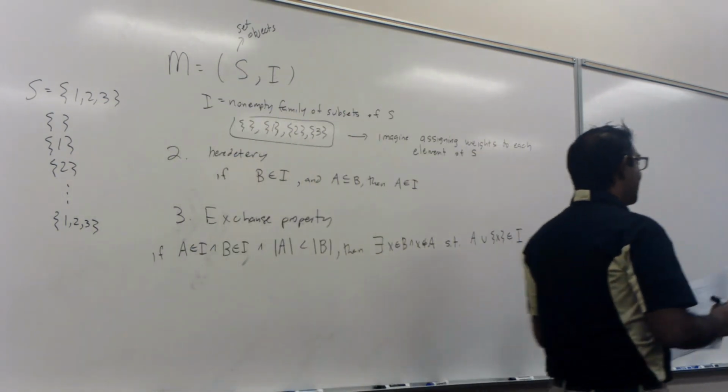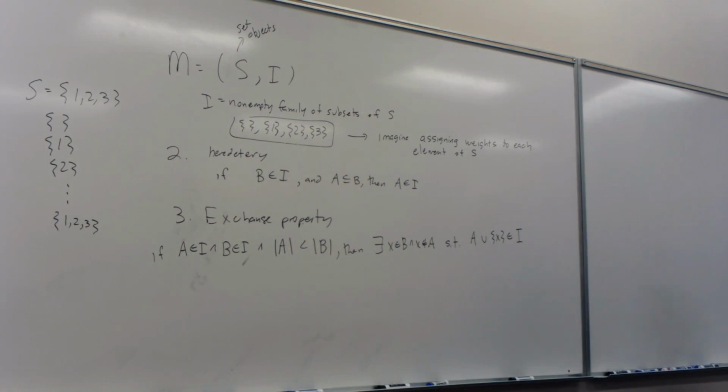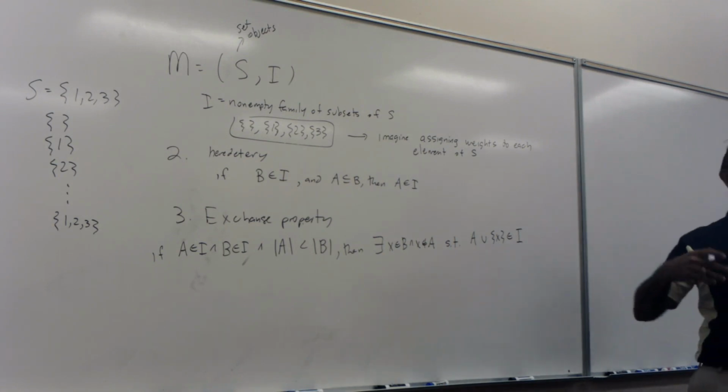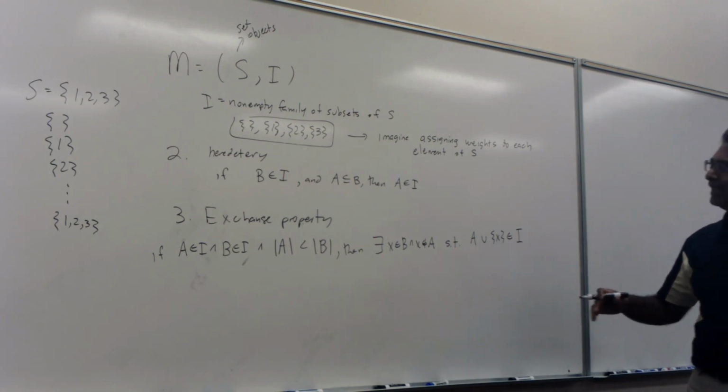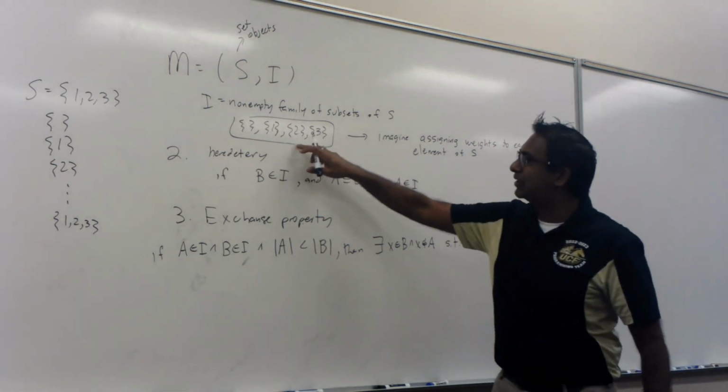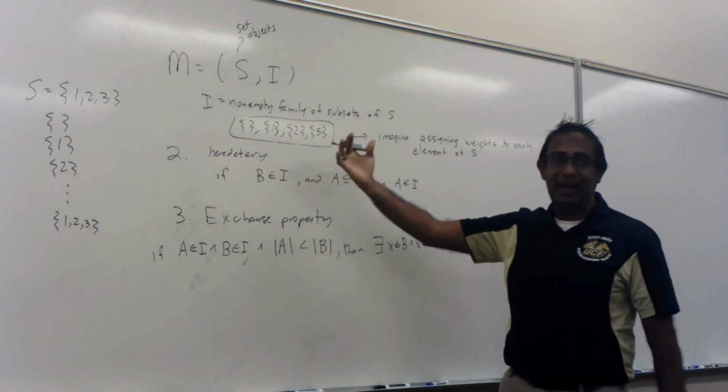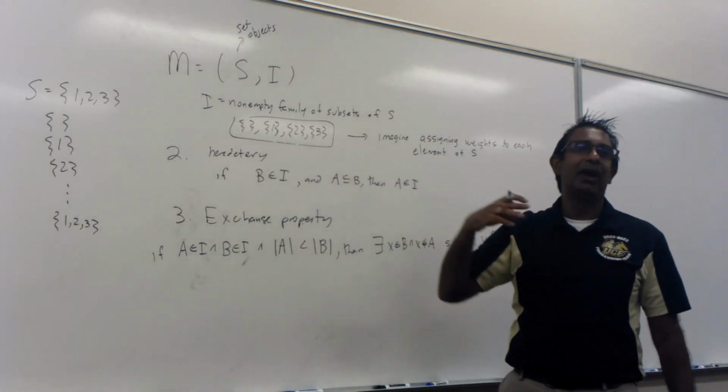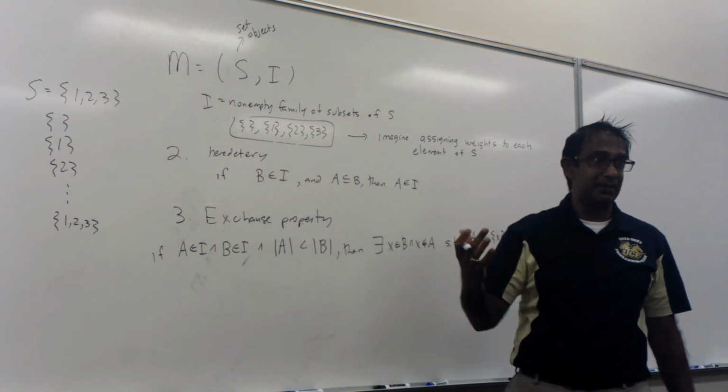A common type of problem, maybe not common, but a problem one could ask about a matroid, is to find one of these subsets that's of maximal size, and then minimize or maximize its weight.